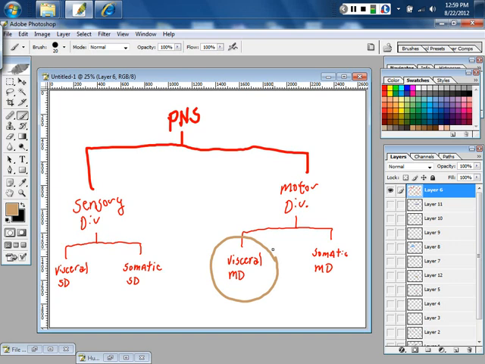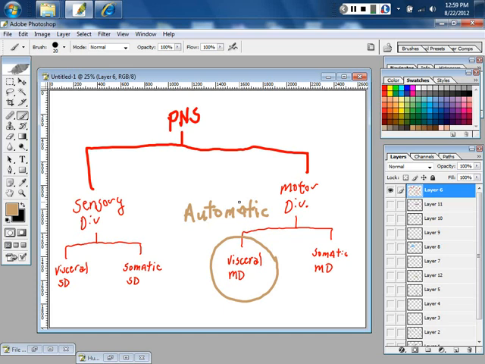Your body controls this one automatically, depending on the situation. You don't control this one. This is the only portion of the peripheral nervous system we're going to talk about, and because it's so important to biochemistry, pharmacology and medicine, it's given its own special name.